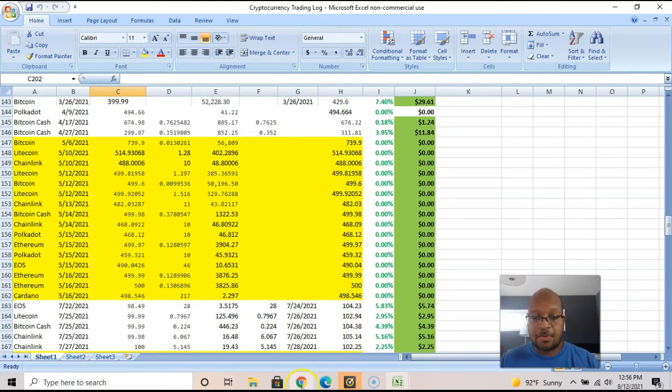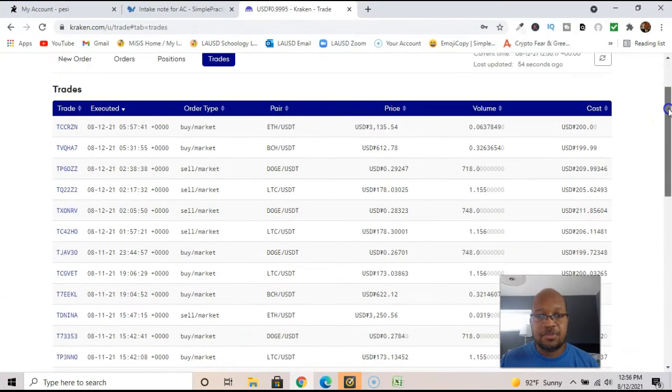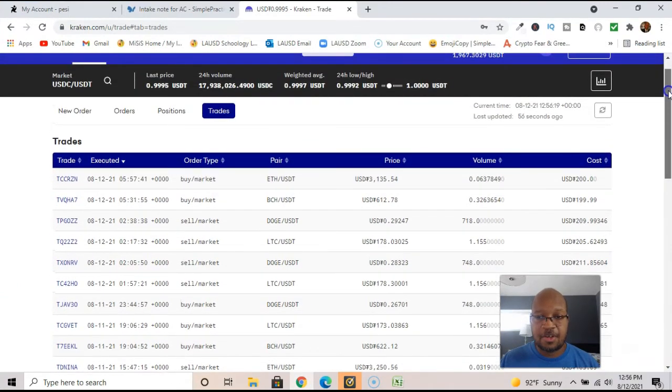All right, so let's get back over here to the training. What else do we need to show you? Okay, so that's what trades are for. This is where all the reported activity that you care about is housed. So you click on trades, you come back here, you can see what your buy orders are and what your sell orders are.